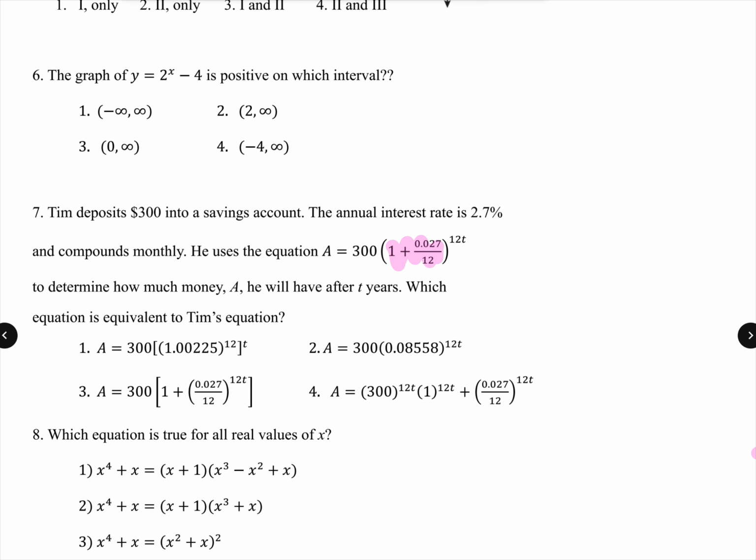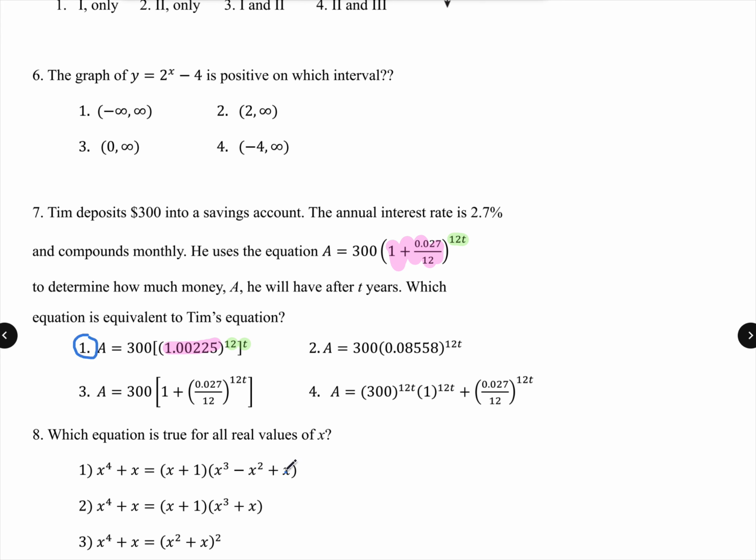And what do I get? I get 1.00225. So that actually equals this. And I know that with the 12t, if I raise a power to another power, what am I doing? I'm just multiplying. So answer choice number one works.